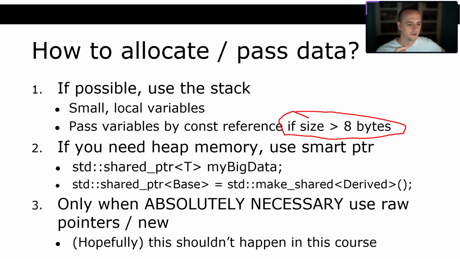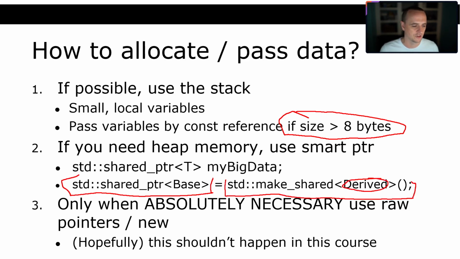The next rule, if you need to use heap memory, use a smart pointer. So use a shared pointer in this course. Also, if you are setting up an inheritance, you can use shared pointers for inheritance as well. So I can say std::shared_ptr of the base class is equal to std::make_shared of a derived class.